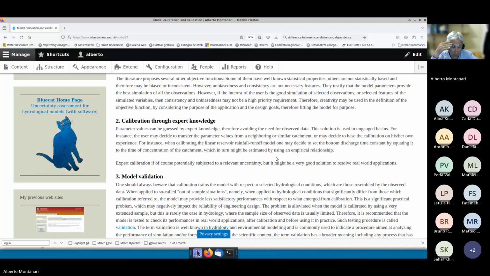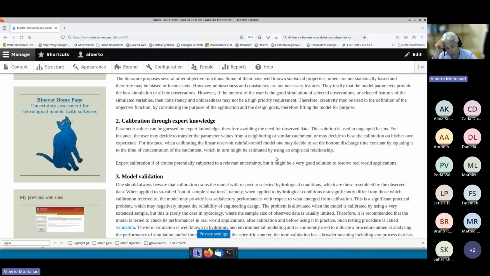And what we do usually is to use the so-called expert knowledge, which means calibrating, finding the best value for model parameters, by using our understanding of the process, our understanding of the model, and guessing the value of the parameters.